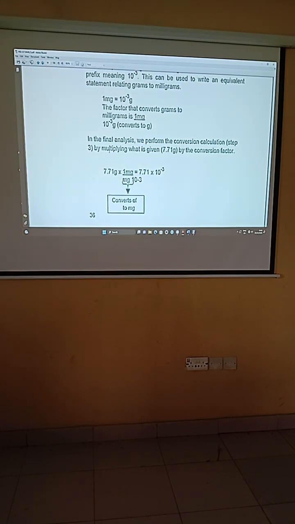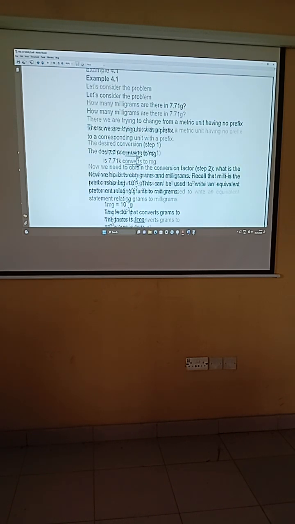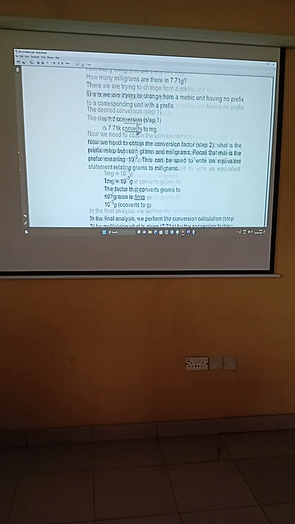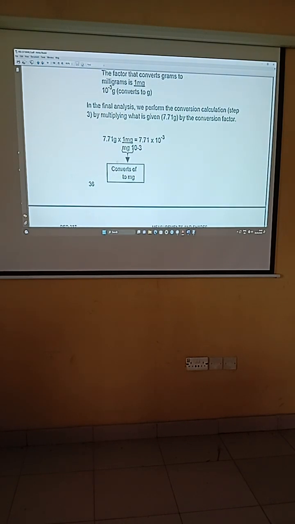Let's see it now. 7.71 gram, or 7.71 milligram rather. I think that was the example. Okay, how many milligrams are there in 7.71 gram? So we are taking from gram now to milligram.